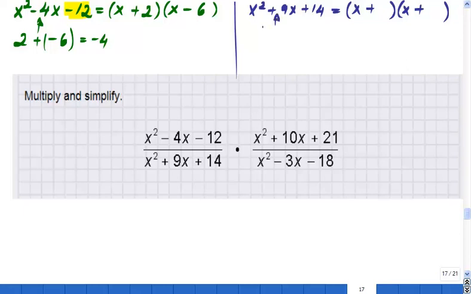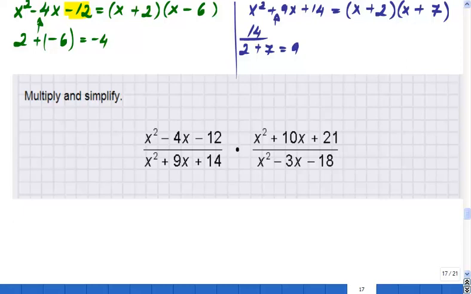But to find out if it's positive, you're looking at your middle term, which is positive. I'm 100% sure that will be x plus something times x plus something else. I'm looking for factors of 14, right? Two numbers that multiply to give me 14, 2 and 7, and they add up to 9. Well, then I'm good, because my middle term is 9. This is it, x plus 2 times x plus 7.